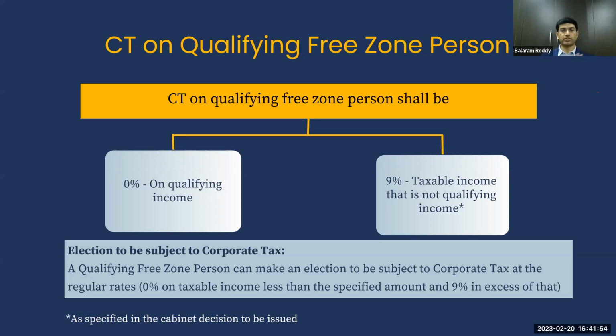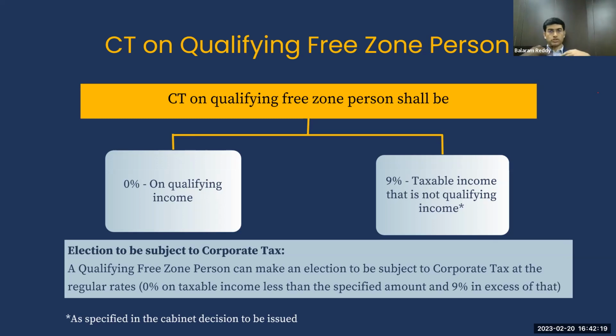That is what the FTA or Ministry of Finance has to clarify or give us in a proper further cabinet decision. Once we get that definition of qualifying income, then we can decide what will be subject to 0% tax, and any other income which is falling under non-qualifying income will be subject to 9%.